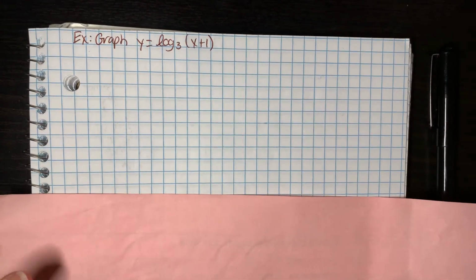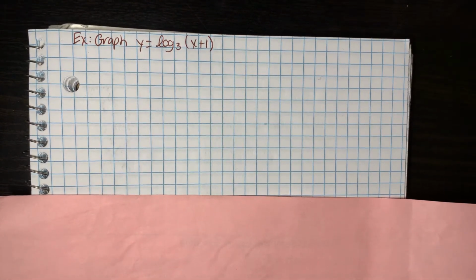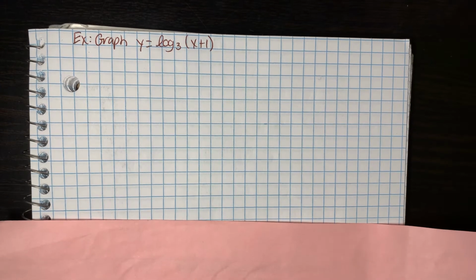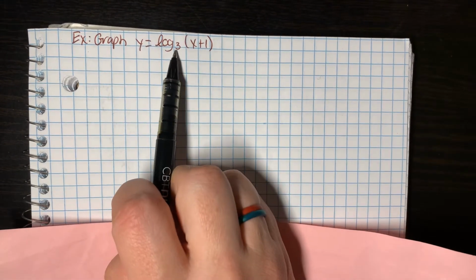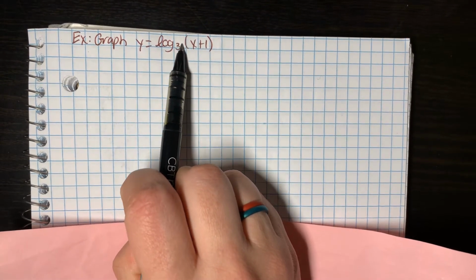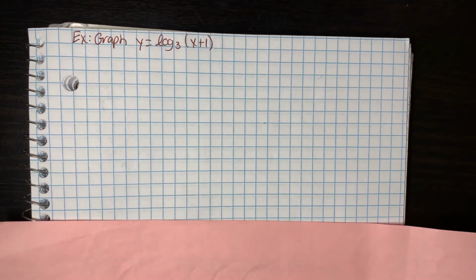Just want to talk quickly about graphing logarithms. If you have a logarithm base 10, you can throw it on your calculator and graph it. If it is not a base 10, you have to use another form to graph it. These are not going to be highly important. This is not what I need you to know for the future.